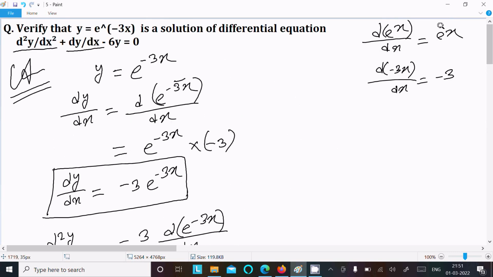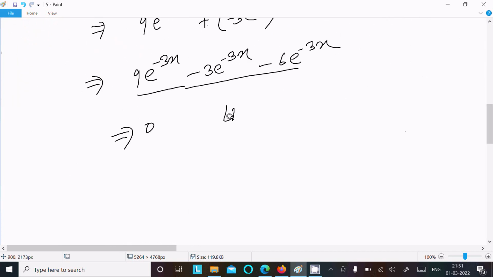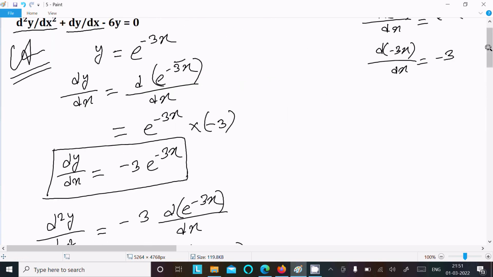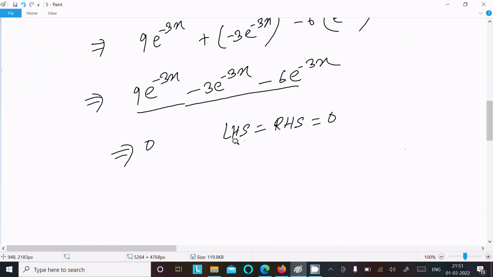Now the RHS is equal to 0. So we can write here LHS equal to RHS equal to 0. So this is the solution of the differential equation, and we need to verify it. So LHS equal to RHS, and there we can write verified.